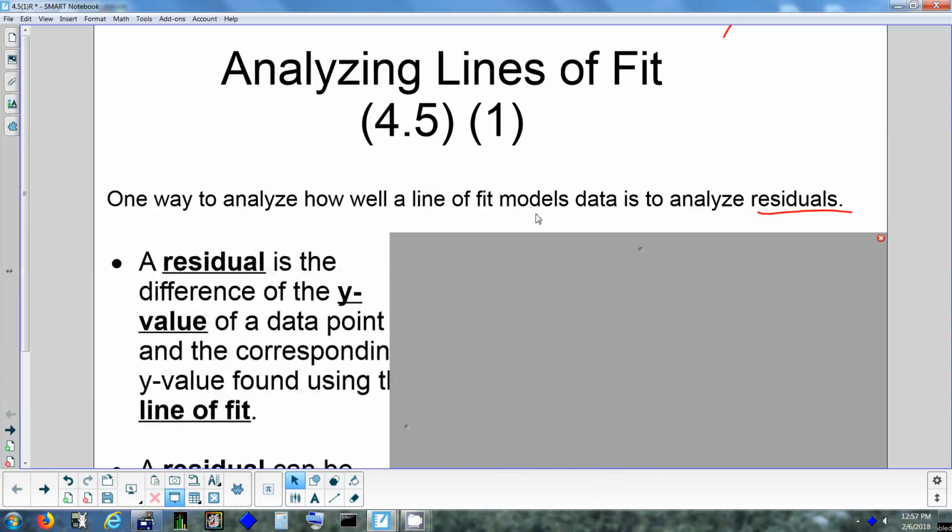A residual is the difference of the y value of a data point and the corresponding y value on the line of fit. The y value found on the line of fit.